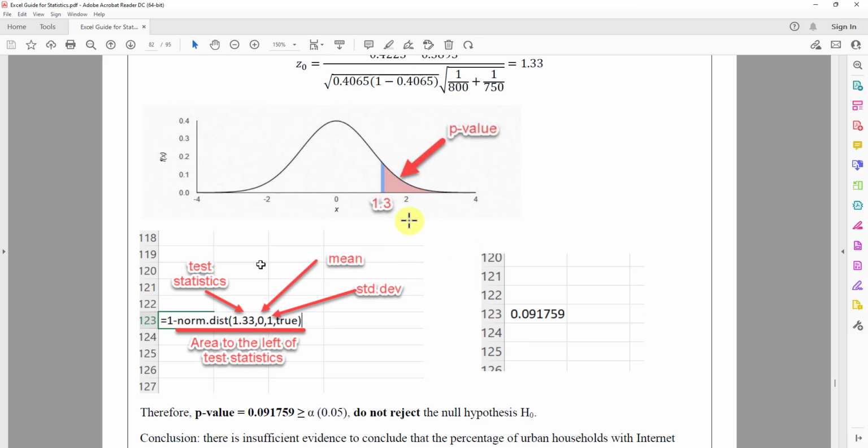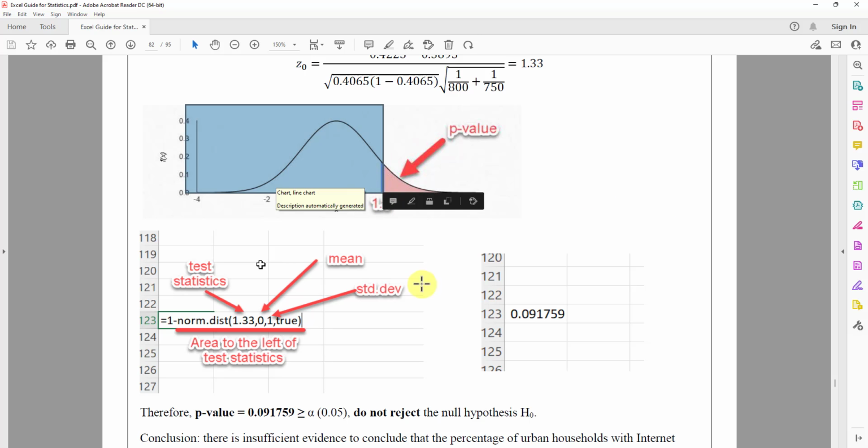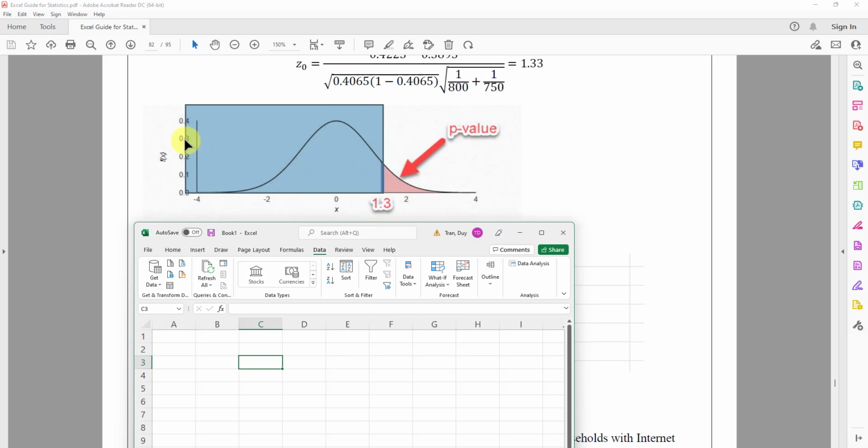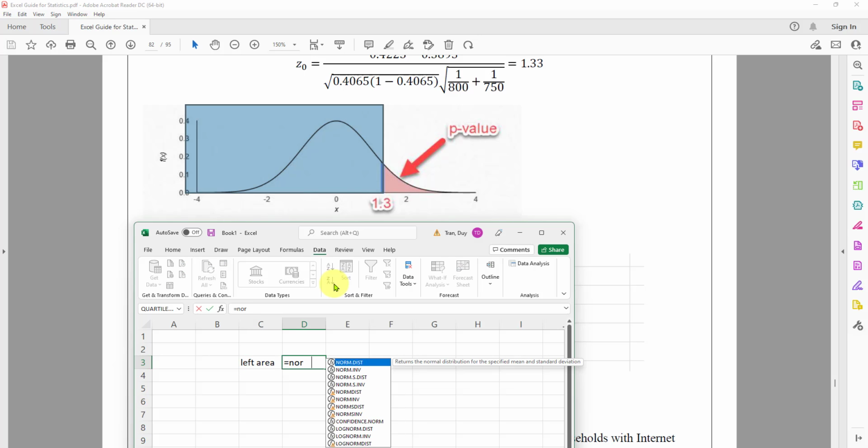Okay, this is the area of the normal curve, right? And this is the right area. So we have to find the left area and then take 1 minus that. So what I do here, I need to find the left area, the one that I just highlighted here. So for the left area, again, NORM.DIST. And I'm looking for the area from the left side. The NORM.DIST function always returns the area on the left side.